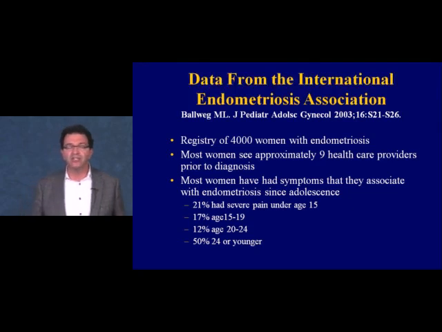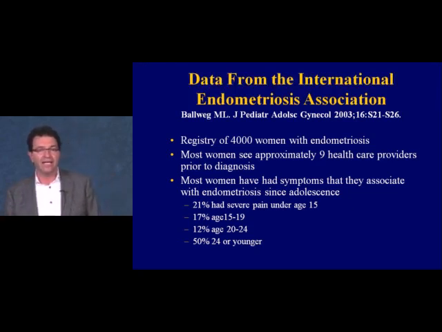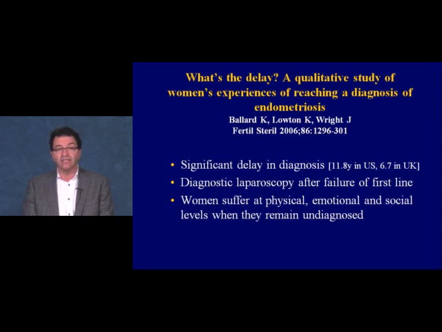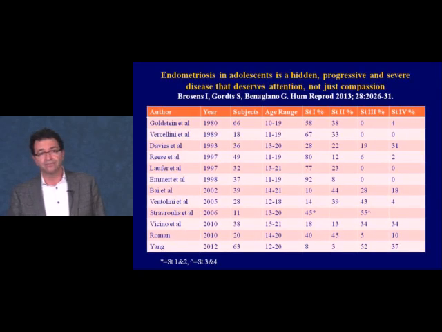That means we're not doing such a good job at picking up this endometriosis in adolescence. The delay has been found in many studies, and in the US, 11.8-year delay in this study, and in the UK, 6.7 years. No wonder women with endometriosis are frustrated.